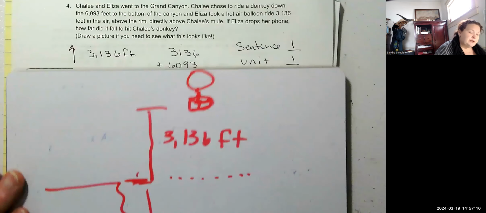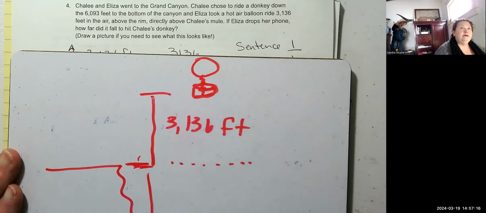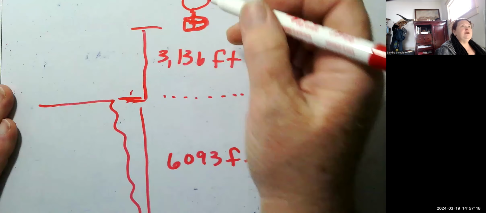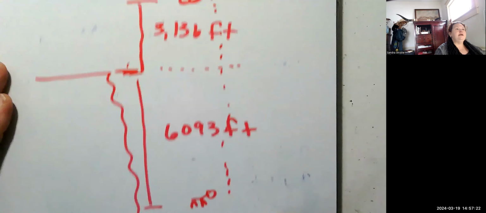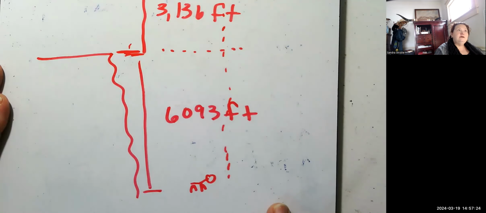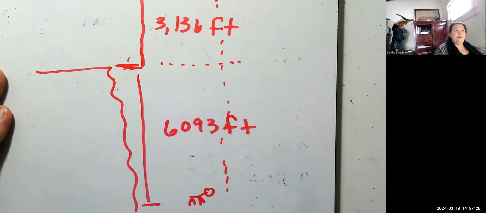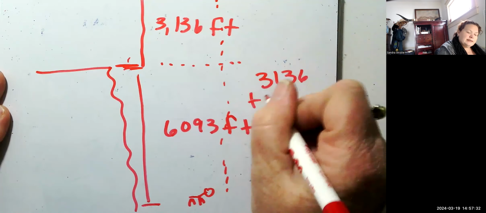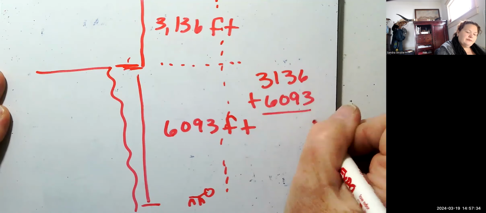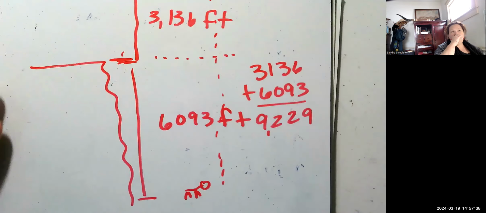And my question to you is, if Eliza drops her phone, how far did it fall to Chaley's donkey? So if she drops her phone and it falls all the way down to the donkey, how far is that? Well, a lot of you subtracted these when all you needed to do was add them. So 3,136 plus 6,093 is 9,229.